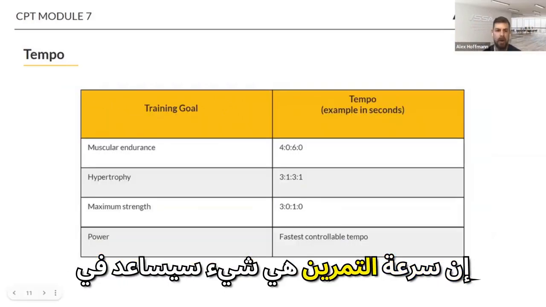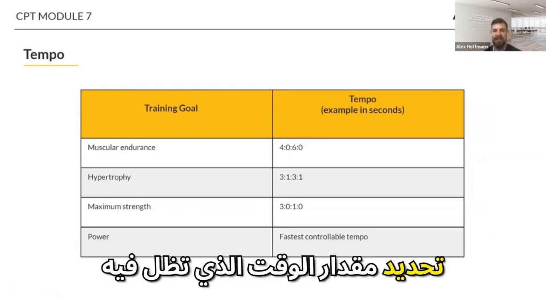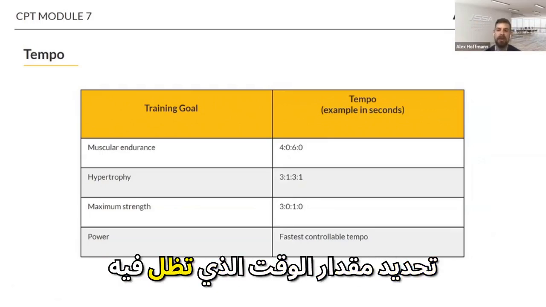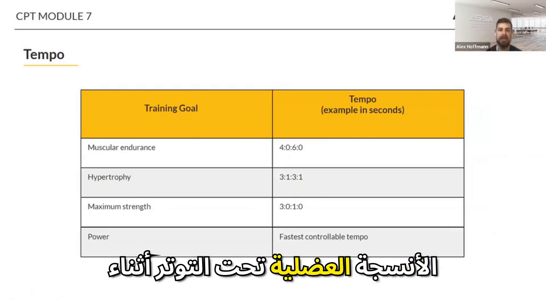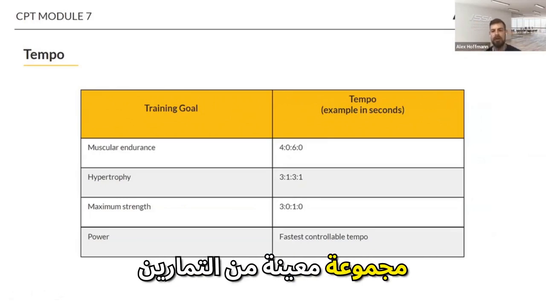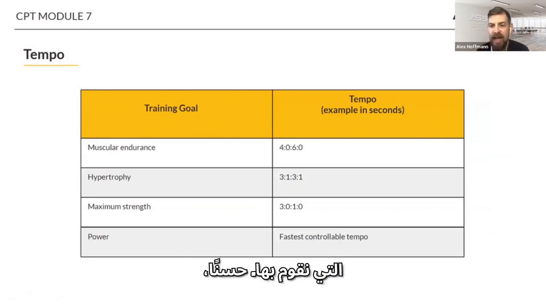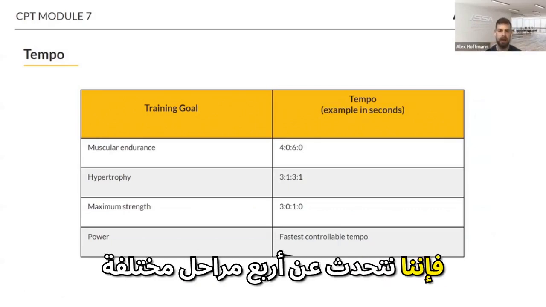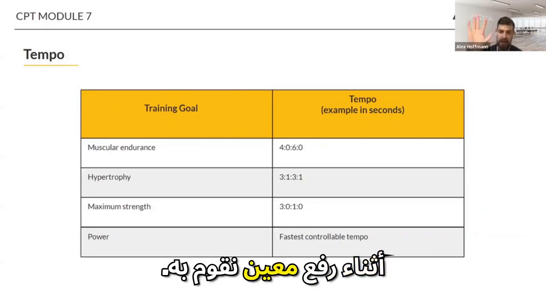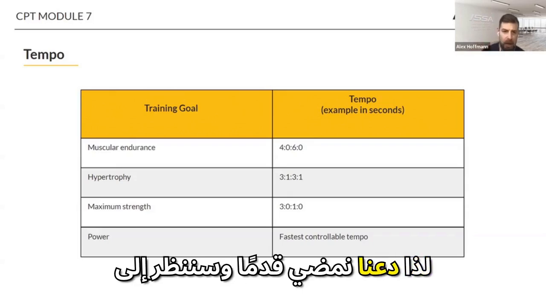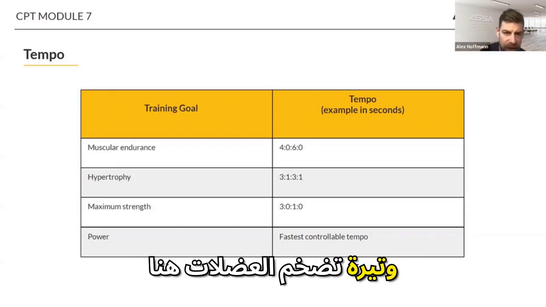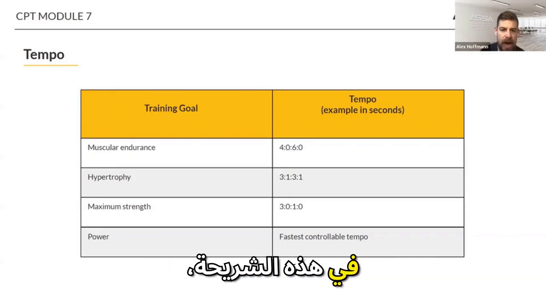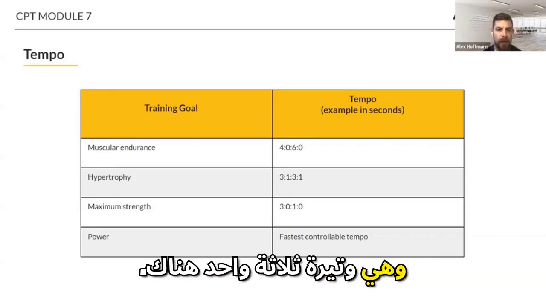The tempo of exercise is something that's going to help to determine how much time under tension muscle tissues are under during a given set of exercise. When we're talking about tempo, we're talking about 4 different phases during a given lift. Let's look at the hypertrophy tempo on this slide, which is a 3-1-3-1 tempo.